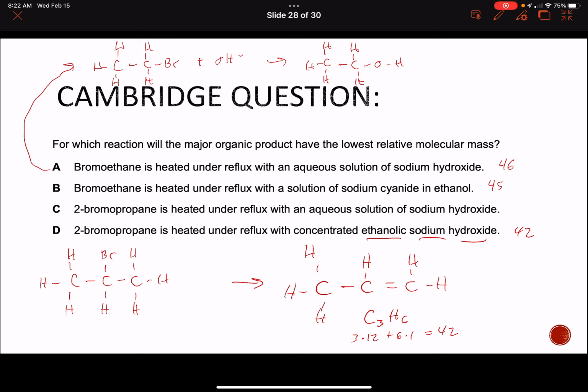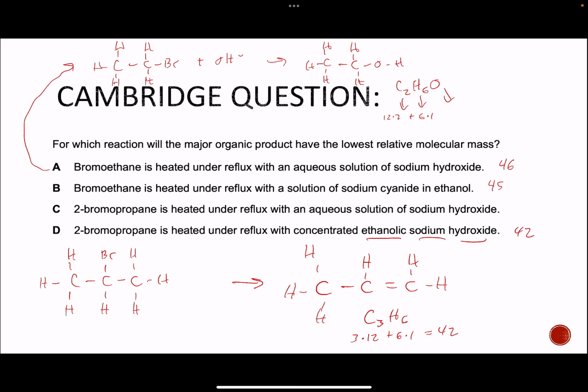So we would have C2H6O, and the molar mass of this would be 12 times 2 plus 6 times 1 plus 1 times 16, which is 24 plus 6 plus 16, which adds up to 46. And so they made the answers actually all real close here, which makes it quite tricky. But the answer here is D. So it's a bit of a Cambridge time waster type question.